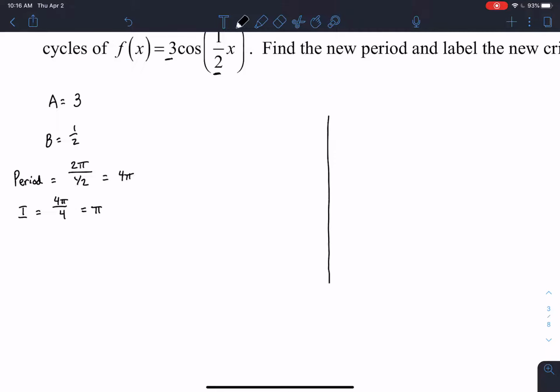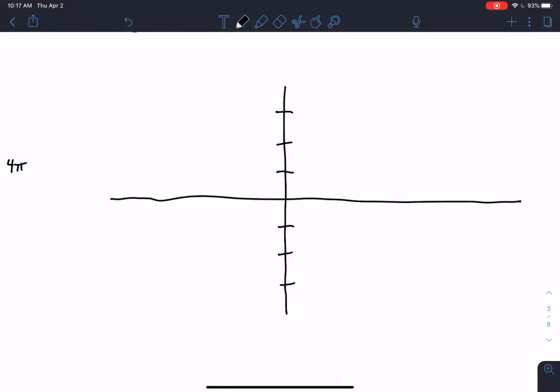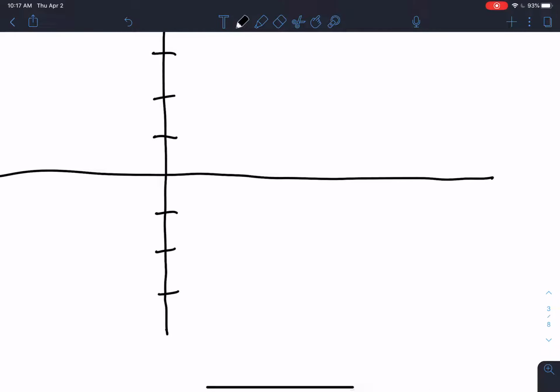All right, so draw your x and y. Excuse me. So you're going to go up to 3 and then down to -3. Okay. And then your interval is going to be pi. Okay, so you're going to go up by pi each time. So 1 pi, 2 pi, 3 pi, 4 pi. Okay, so that's one cycle.